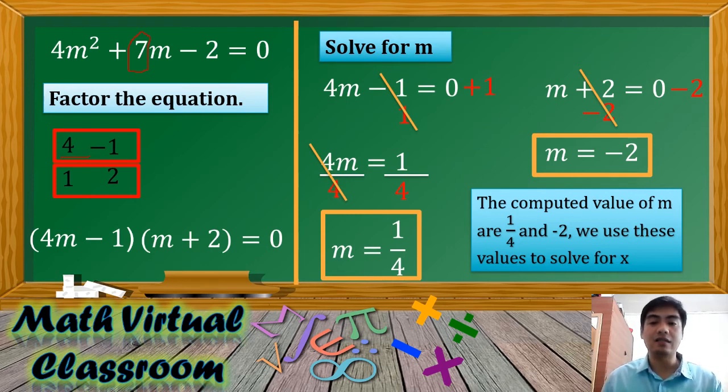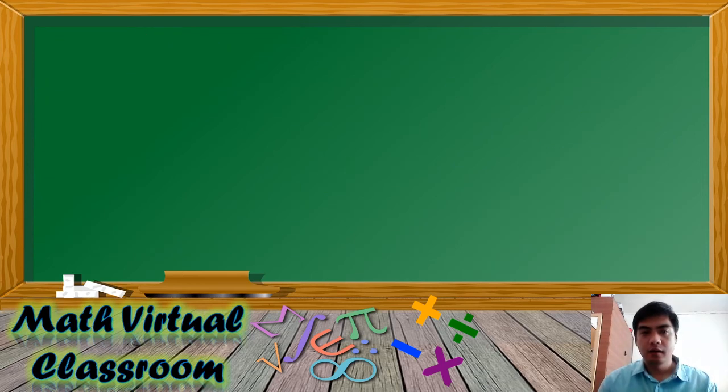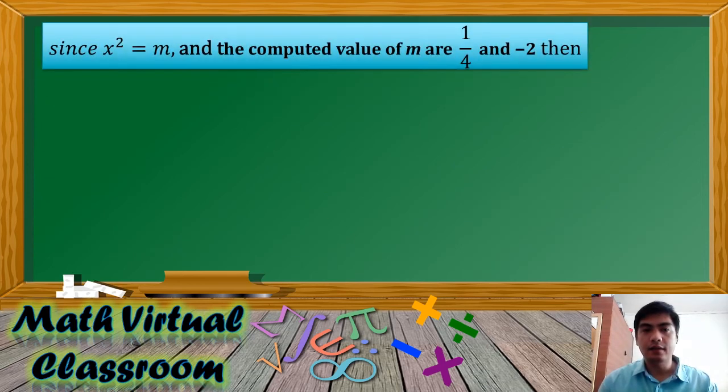We use these values to solve for x. Since x squared is equal to m, and the computed values of m are 1/4 and -2, then by substitution, x squared now is equal to 1/4, and the other one will be x squared is equal to -2.